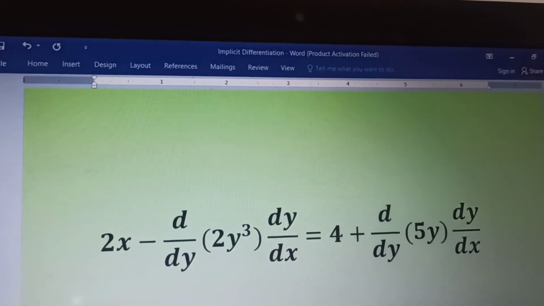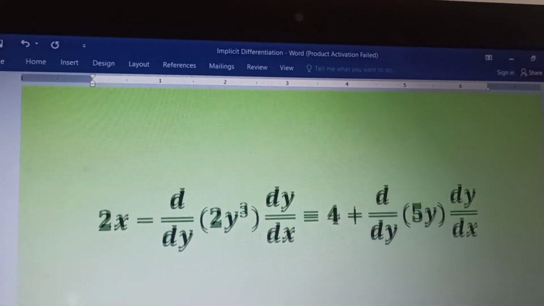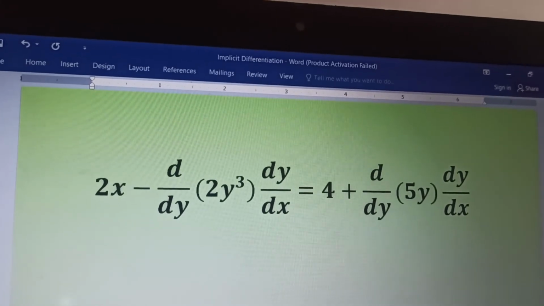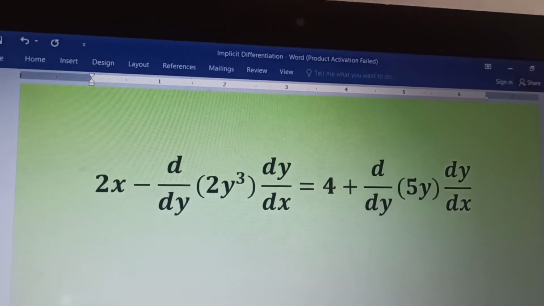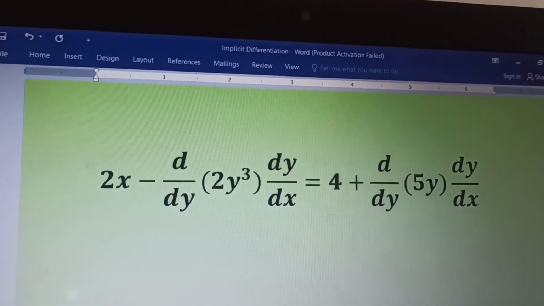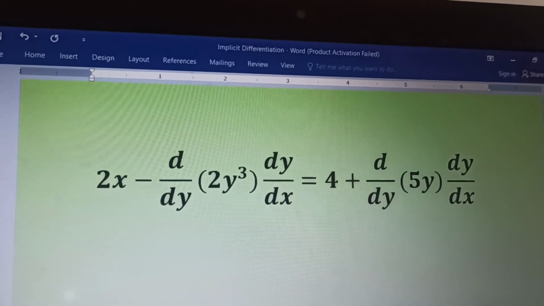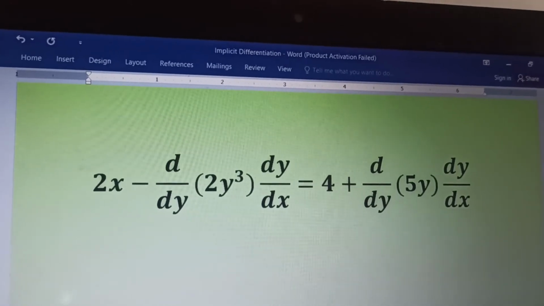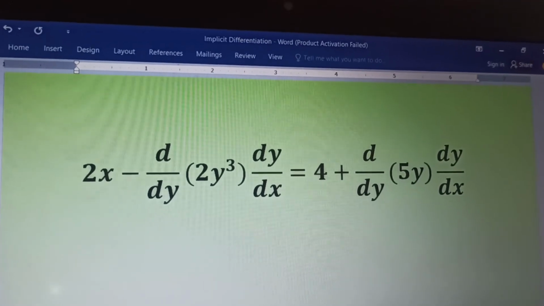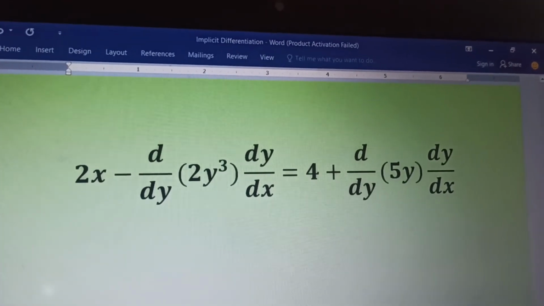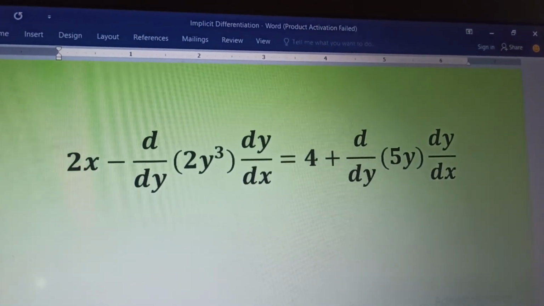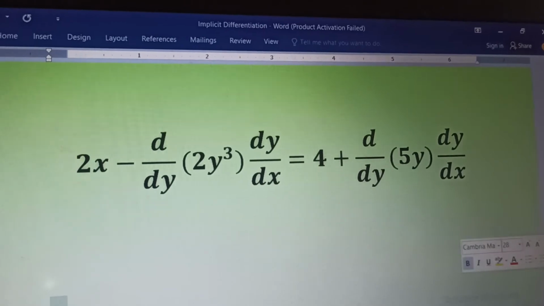And if we differentiate x squared with respect to x, we will have 2x. Then the derivative of the next term will be d dy of 2y cubed multiplied by dy dx. Then we have all of them equal to 4 plus d dy of 5y multiplied by dy dx.